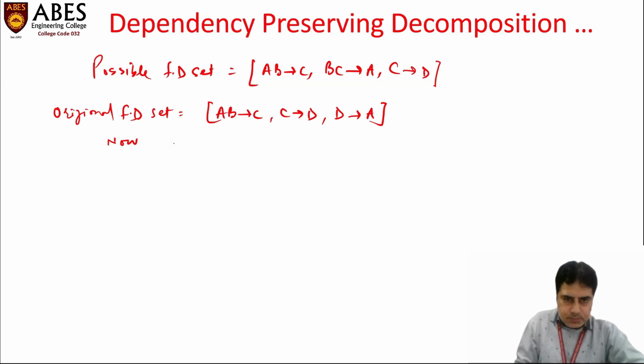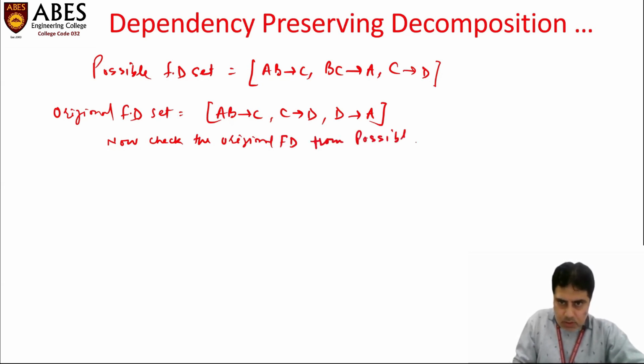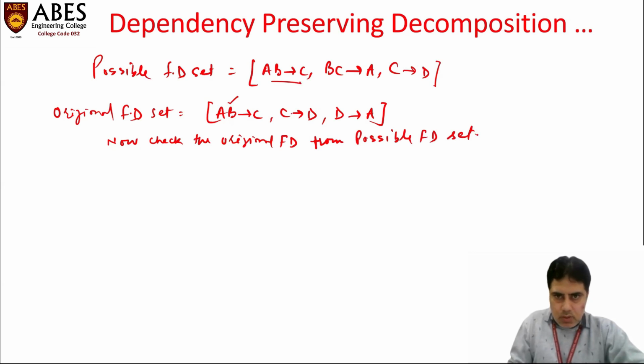Now check the original FDs from the possible FD set. Now AB determines C as it is holds.